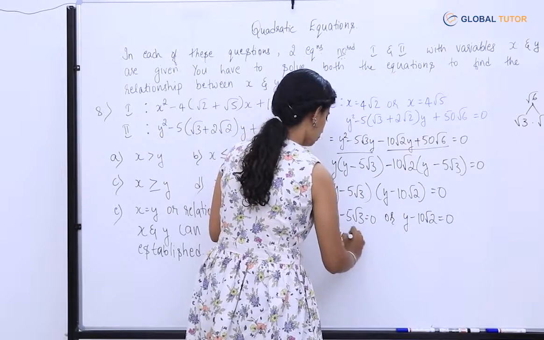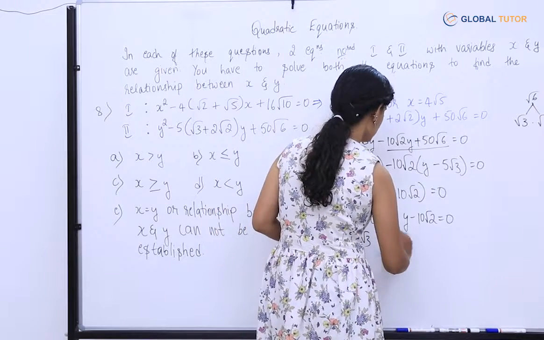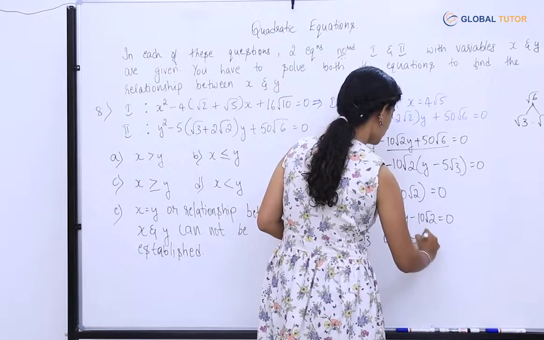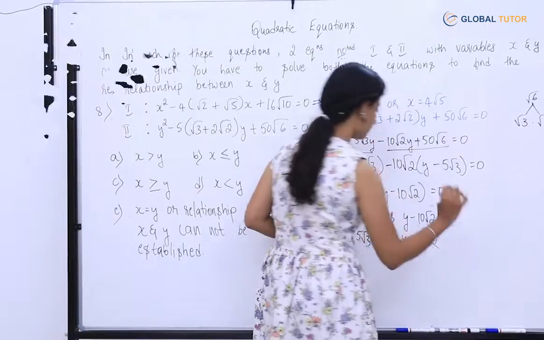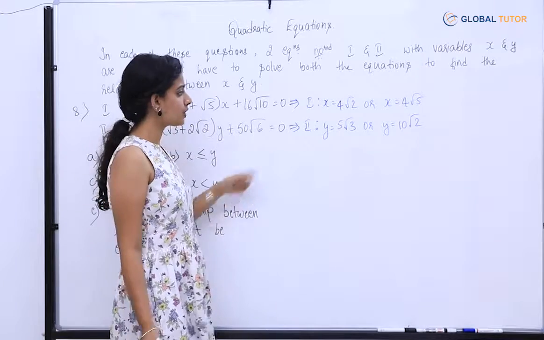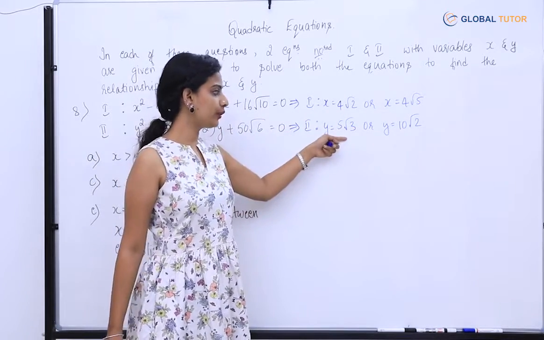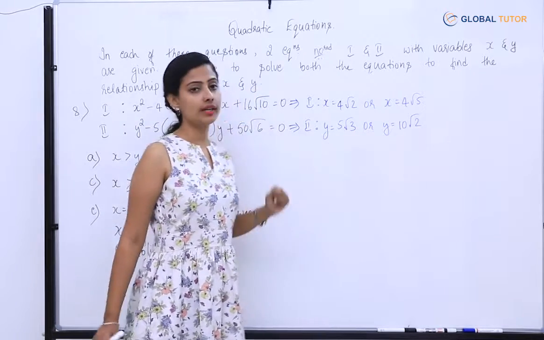So the value of y is 5 root 3, or the value of y can also be 10 root 2. Now we got the values of x and y for both the equations. X is equal to 4 root 2, x is equal to 4 root 5, y is equal to 5 root 3, y is equal to 10 root 2.